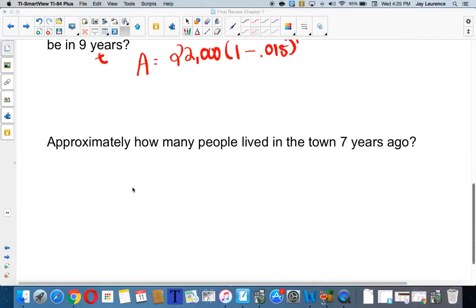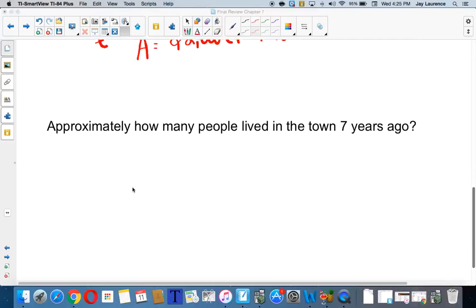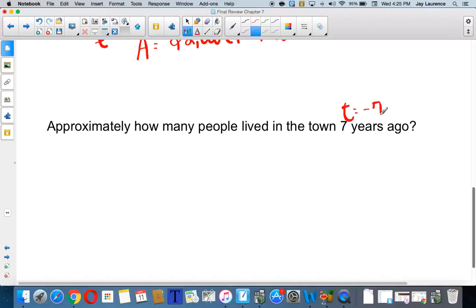Now, the last one says, how many people lived in the town 7 years ago? Well, that's the same problem, except T has changed. T, do you know? -7. So I'm going to do A equals 22,000 times 1 minus 0.015, 15/1000ths, to the negative 7th power.